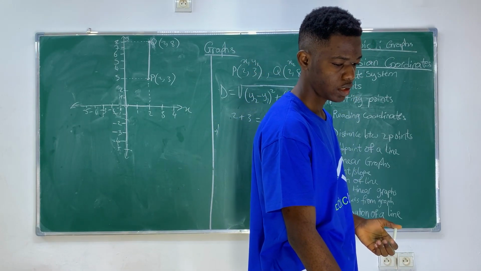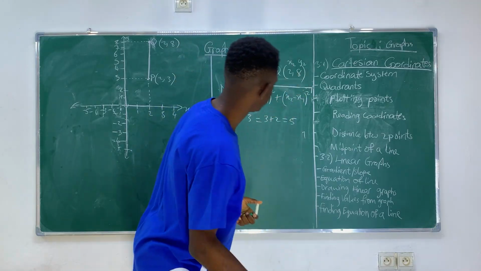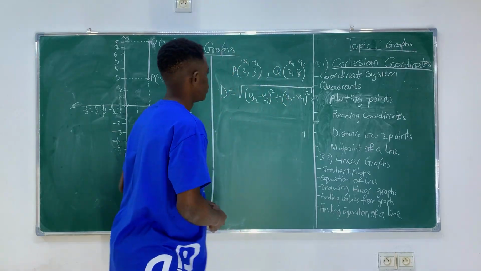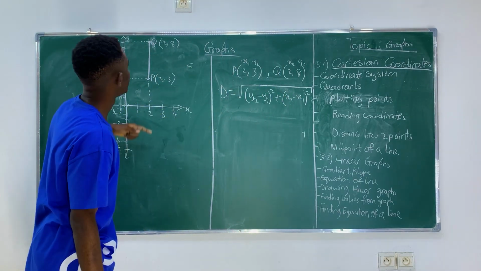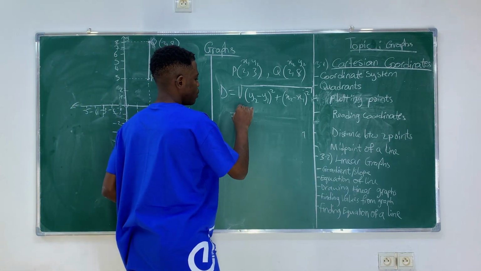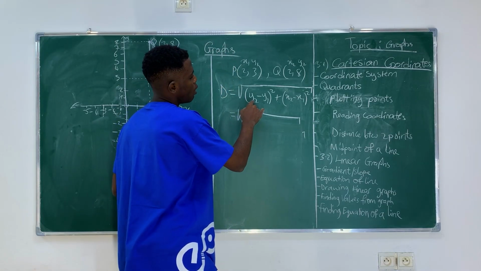So let's check if the answer is actually 5, which is 8 minus 3. Let's check this formula and see if the answer is 5. First, open our bracket. What is our y2?